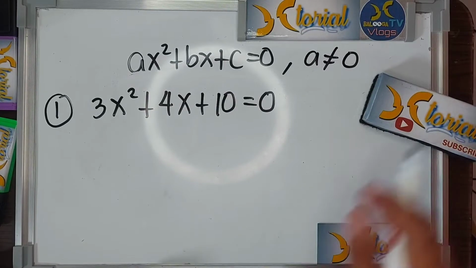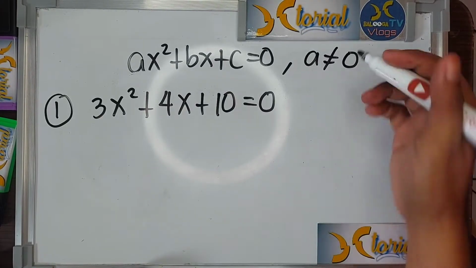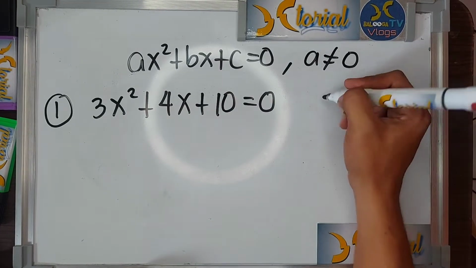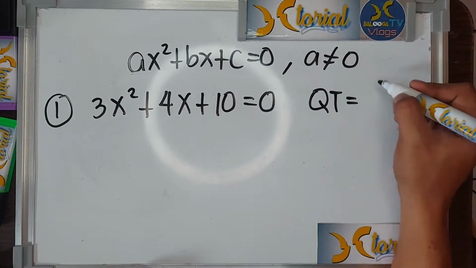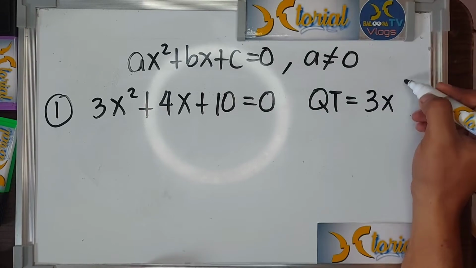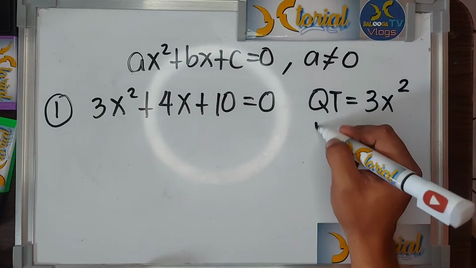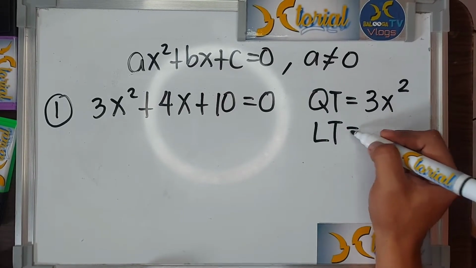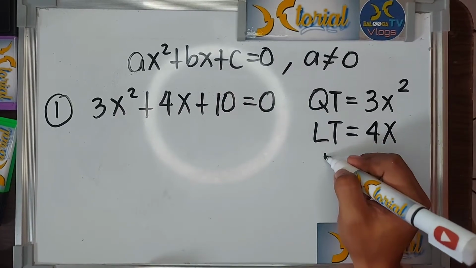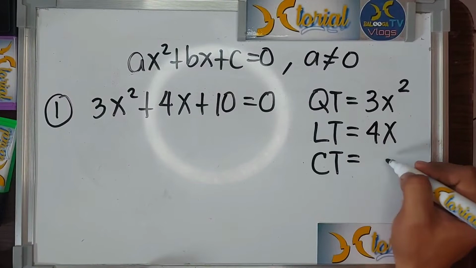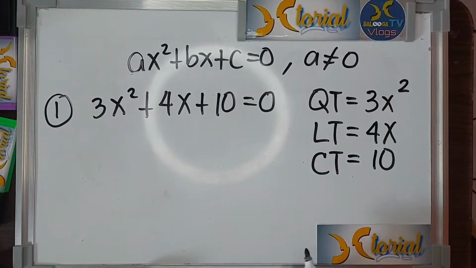So nasan po yung ating quadratic term? Ang quadratic term natin is 3x squared. Ang ating linear term is 4x. At ang ating constant term is 10.